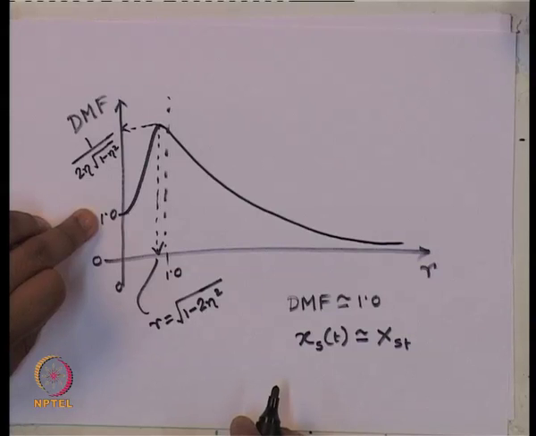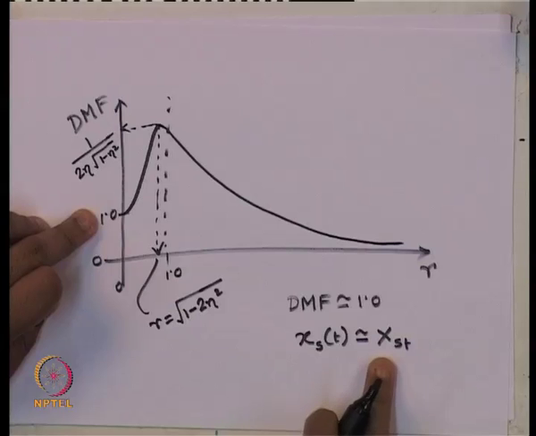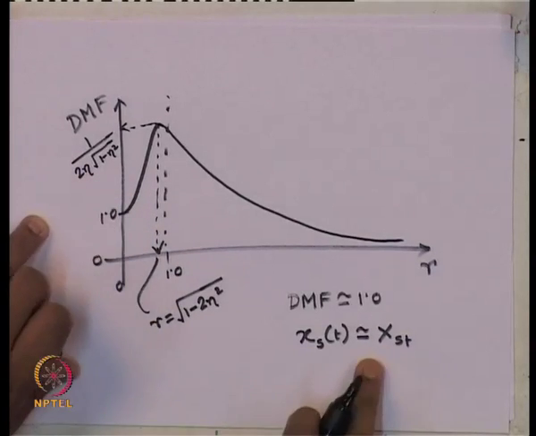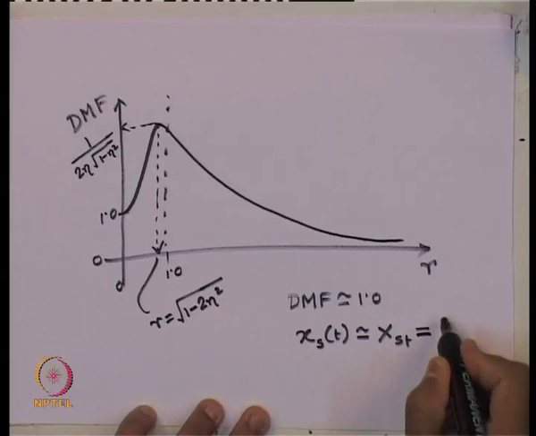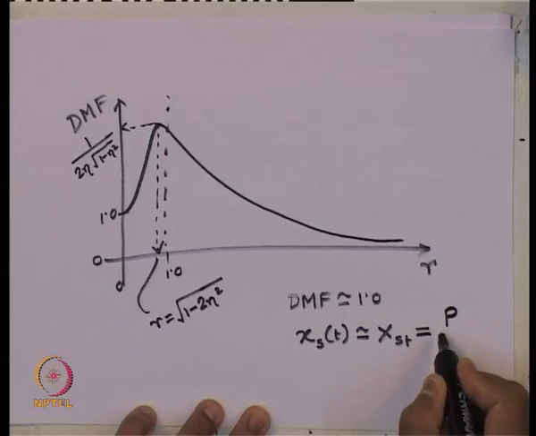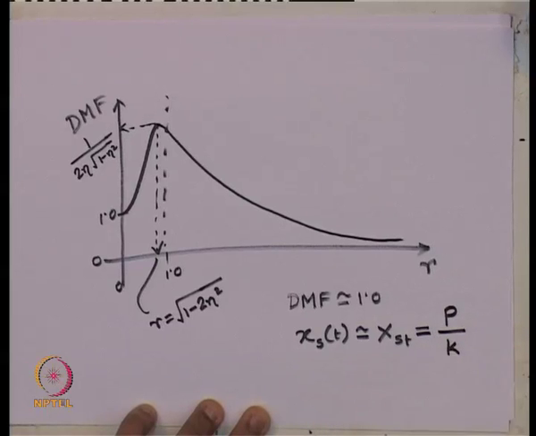Dynamic magnification 1 means the steady state displacement is equal to the static displacement, and very close to 1 means they are almost equal. Now, how much is our static displacement? That is nothing but the amplitude of the load P by the stiffness K. So, what does it mean?